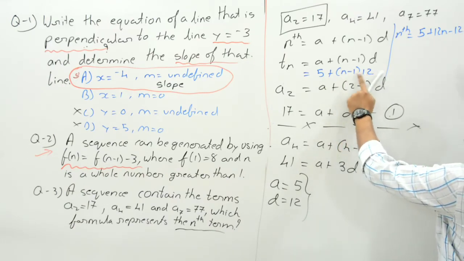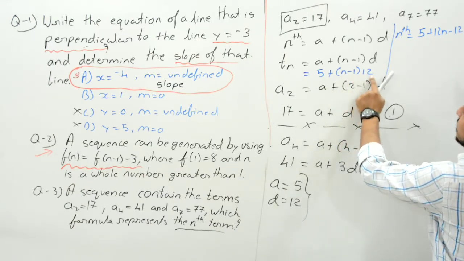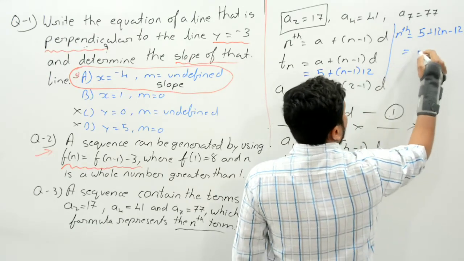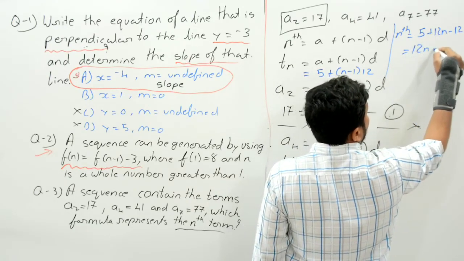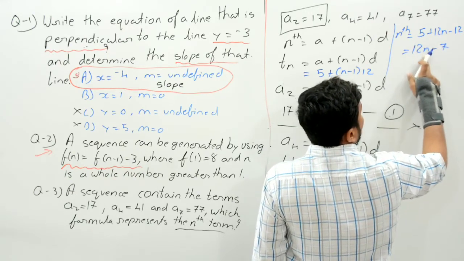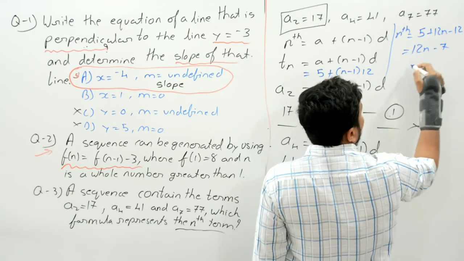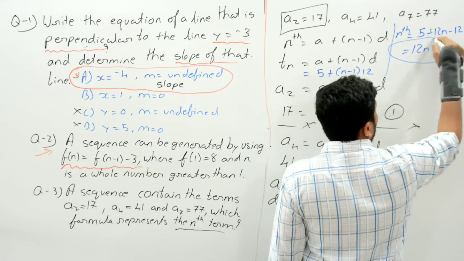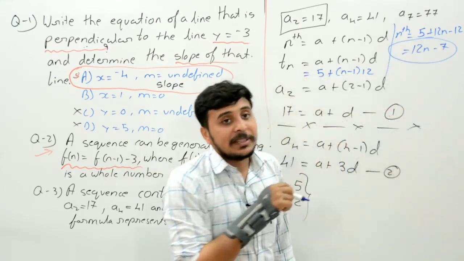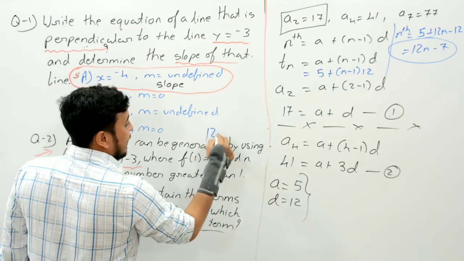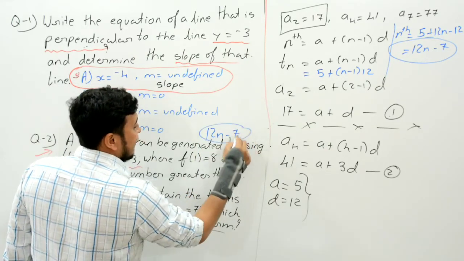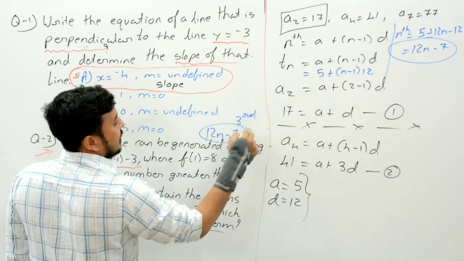That is 12n, and minus 1 into 12 is negative 12. Negative 12 plus 5 is negative 7. So that is 12n minus 7. I hope this will be the option given in the question. So 12n minus 7 will be the correct answer for the third question.